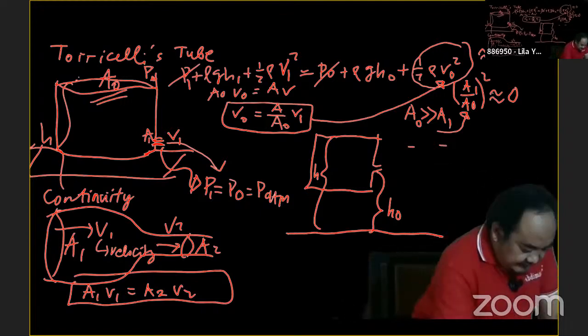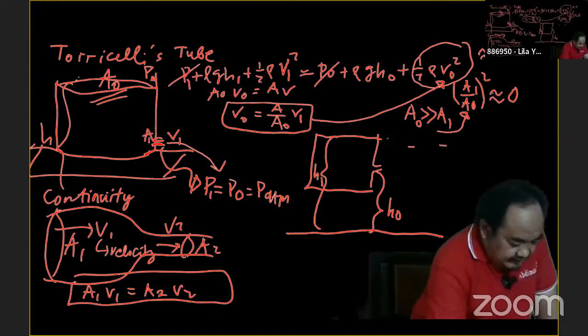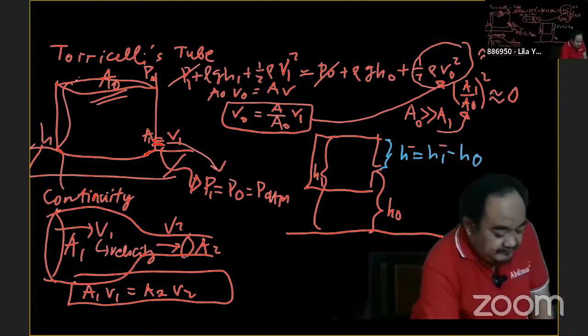The height here, for example, H can be determined by H1 minus H naught.